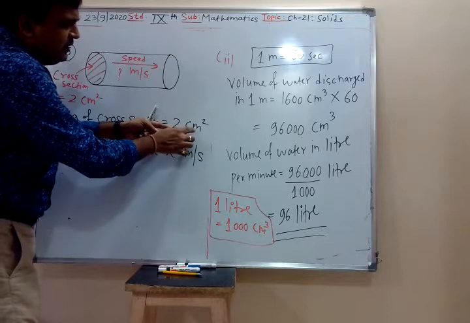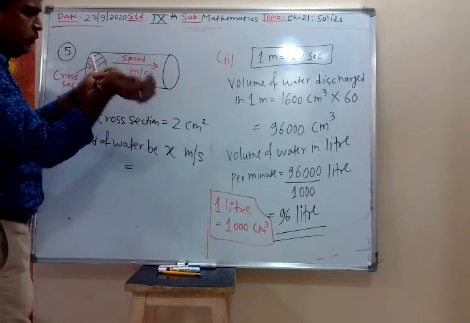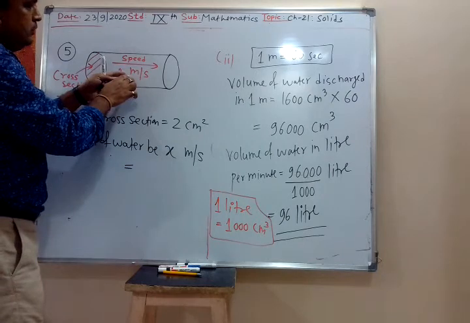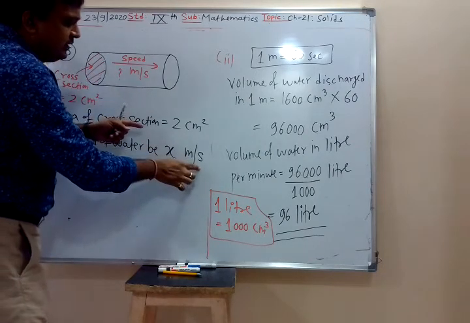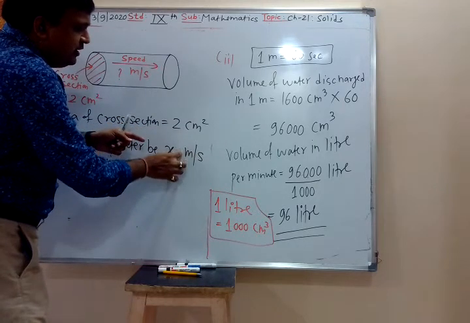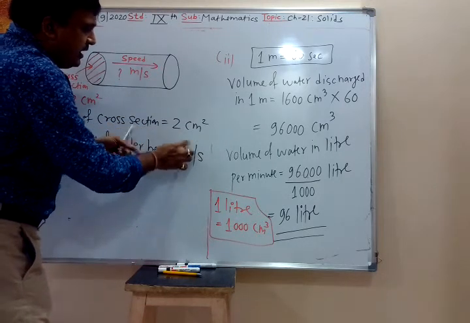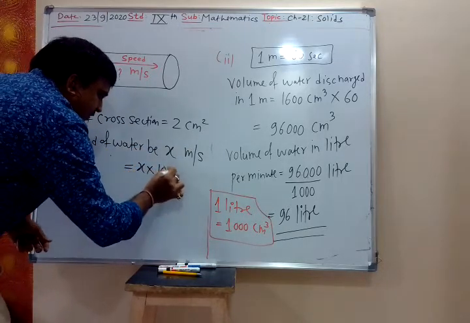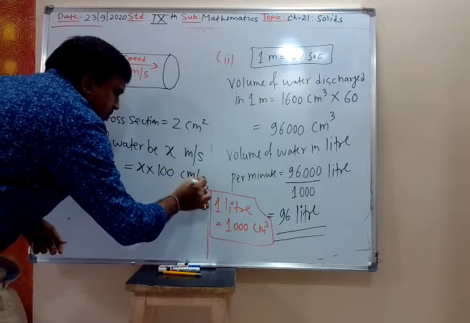In the question it is asked what is speed of the water in meter per second. So this meter I have to convert into centimeter, so we multiply by 100. So x into 100 we write centimeter per second.